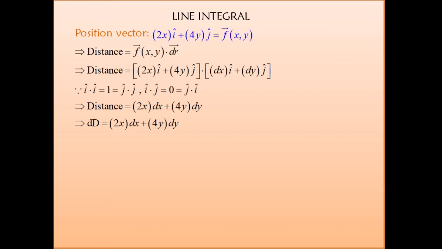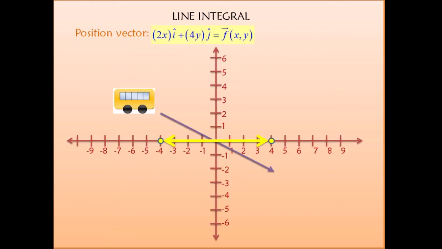So now we will find the integral of this partial distance, which we will consider from x equals minus 4 to x equals plus 4. Now if we come back to the graph that describes the trace of the bus, which is from x equals minus 4 to x equals plus 4, with the help of it we will be able to find out the distance of this bus.